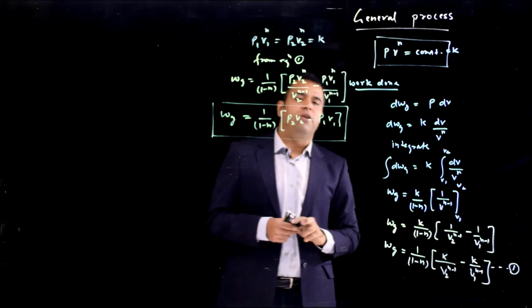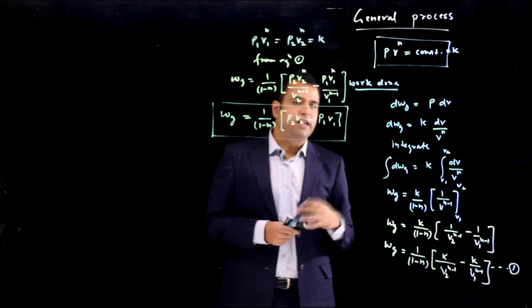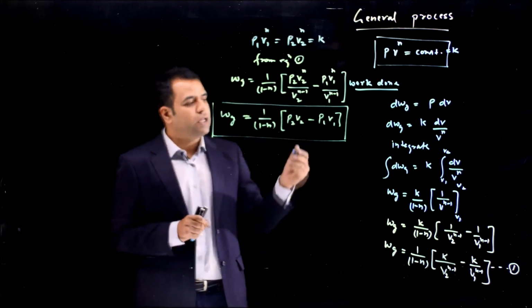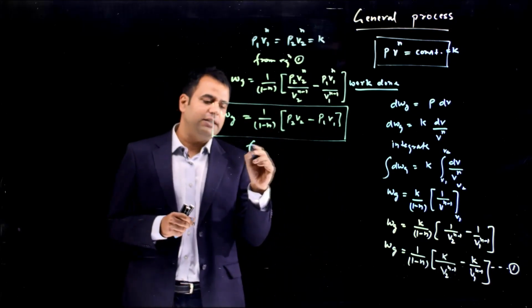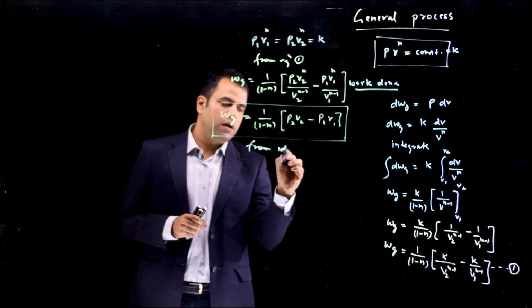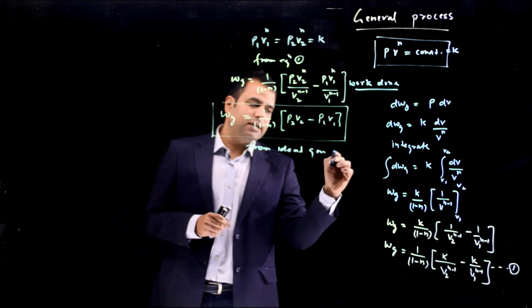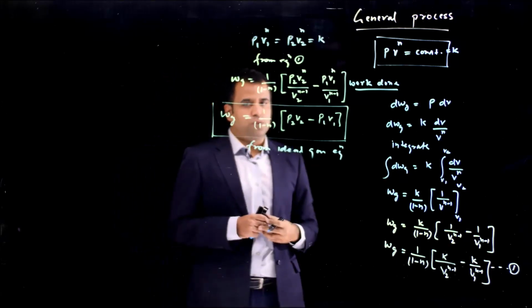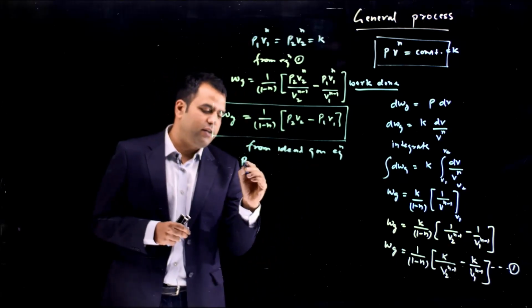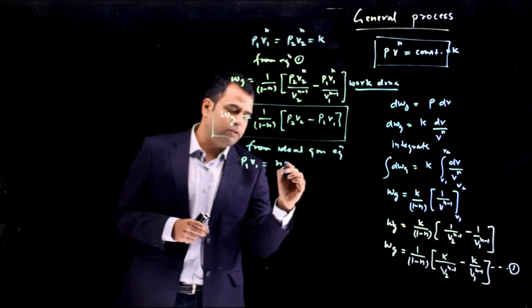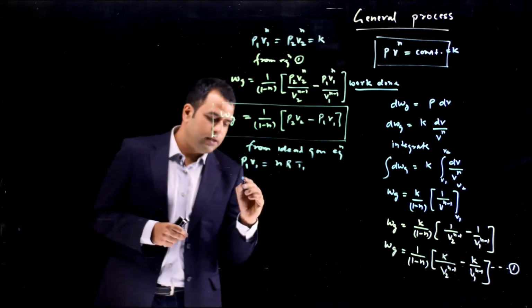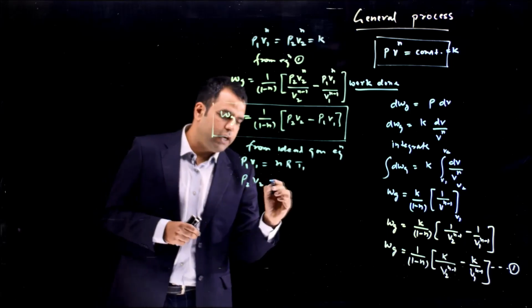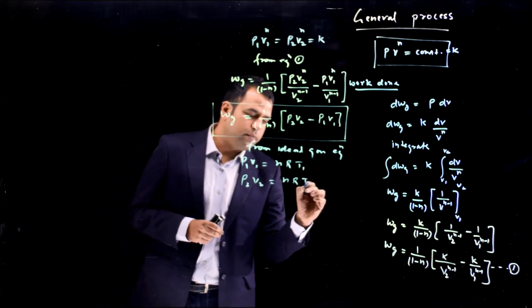But if you remember, we want to have the equation in terms of temperature. So I'll use the ideal gas equation, which will also satisfy state 1 and state 2. From the ideal gas equation, we can have P1 V1 equals nR T1 as well as P2 V2 equals nR T2.